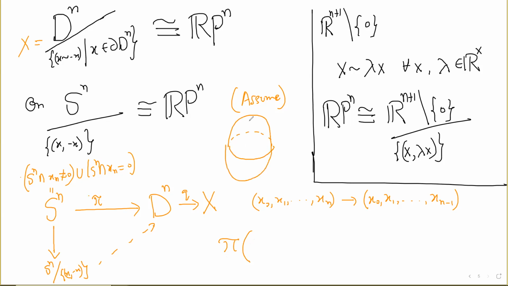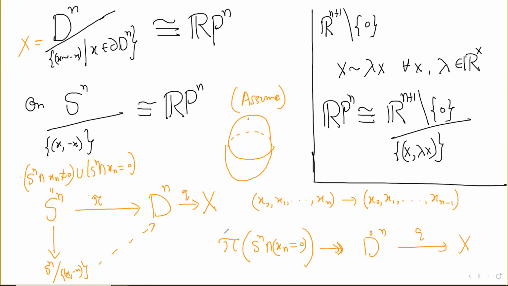So if you take any point in which xn is not equal to 0, if we take this part, then this part is of course going to the interior, right? It is surjecting onto the interior, and Q there is 1-1 actually.